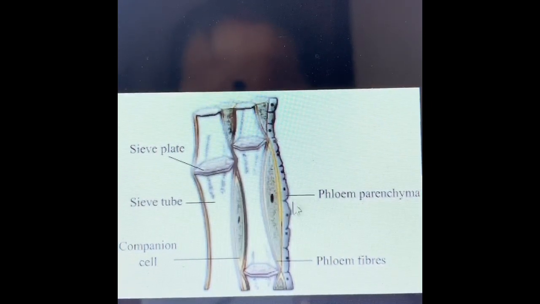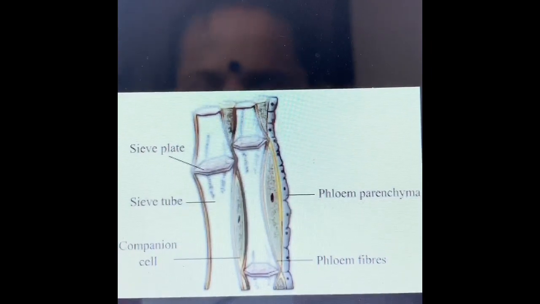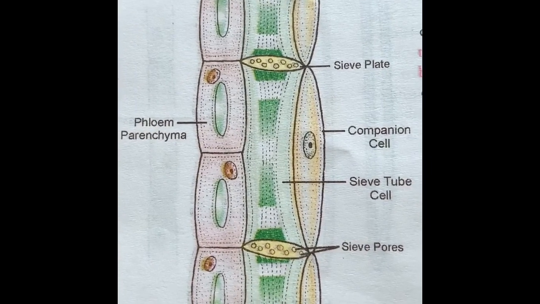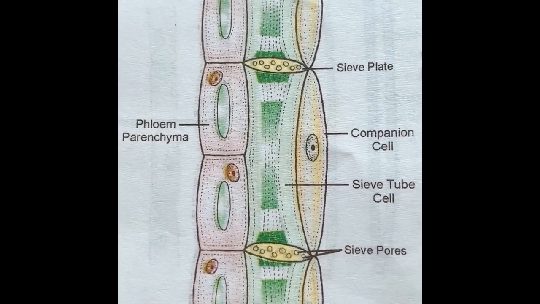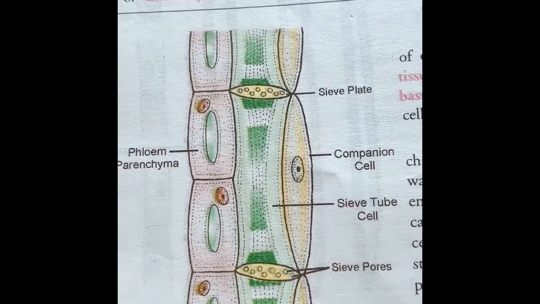Around this is the phloem fiber. You see, this is a long fiber, and then also the phloem parenchyma. Here is another diagram, but the phloem fibers are missing over here, so you can draw it.